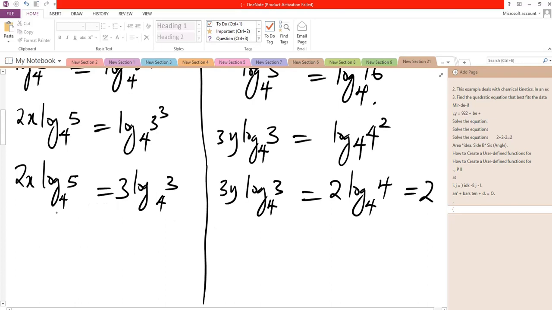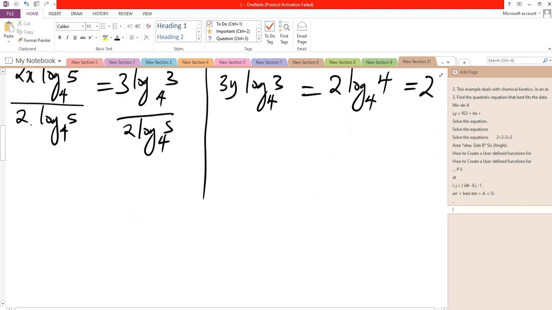Now for the equation that contains x, for us to isolate x, I will divide both sides by 2 log 5 base 4. That is what we use to divide both sides.